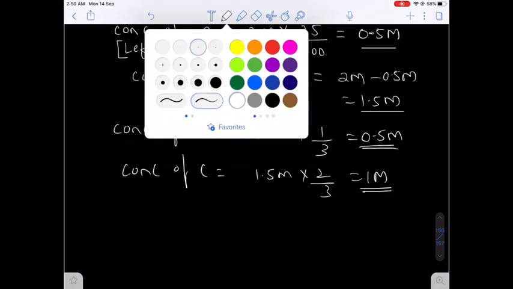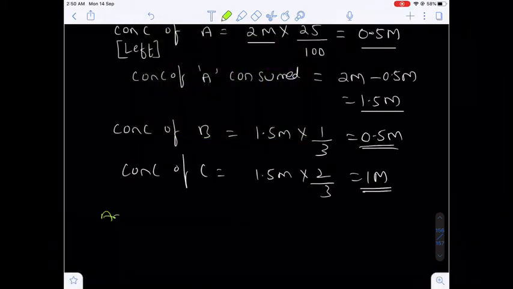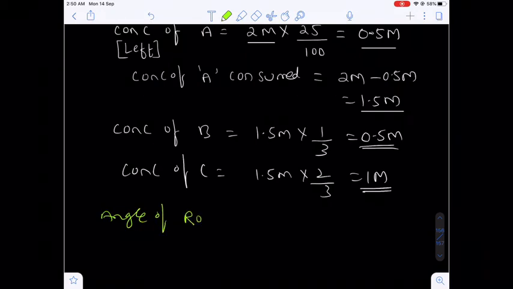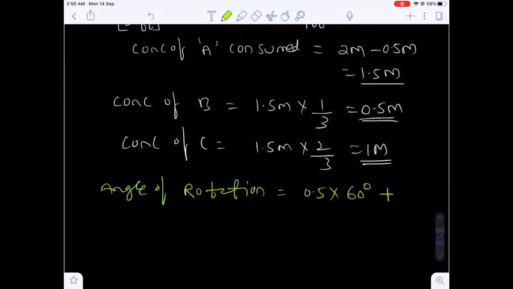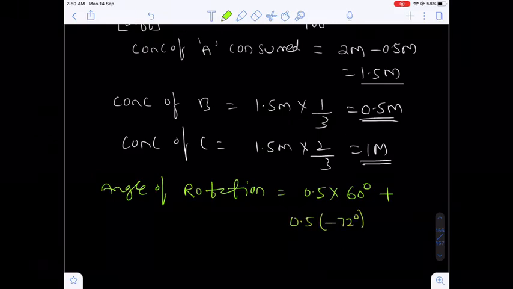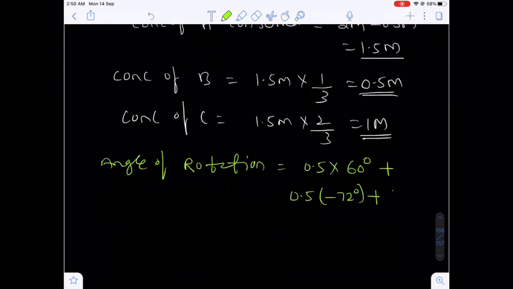So we have to multiply the concentration with the angle of rotation. Finally we will get the angle of rotation after 75% completion of A into B and C. How much A is present? 0.5 molar into its specific angle of rotation, 60 degrees, plus how much B is obtained? 0.5 molar into specific rotation minus 72 degrees, plus the number of moles of C formed, 1 molar into its angle of rotation, given as 42 degrees.